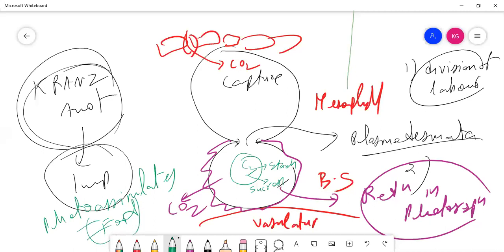So this is also a significance of the Kranz anatomy. Is this clear or not?